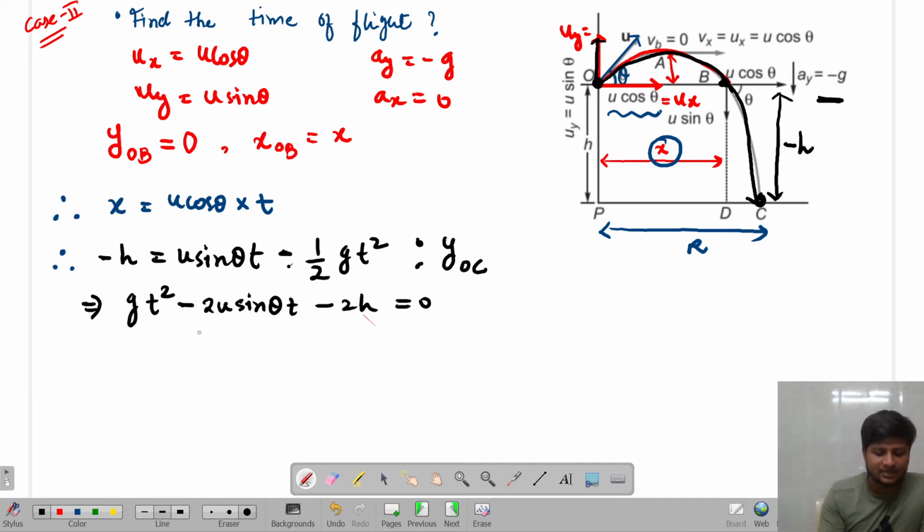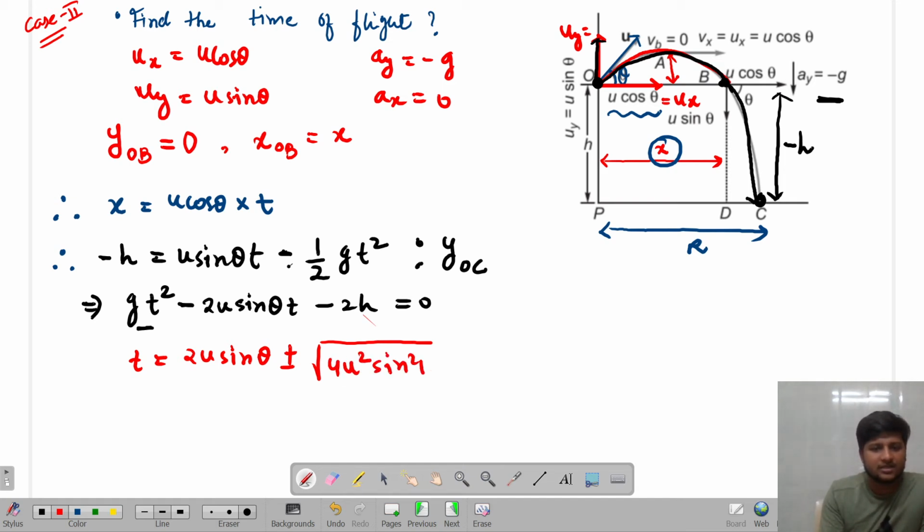Now from this I can write the time of traveling, like this is my quadratic equation over here. So therefore I can write the time equation, which is equal to minus b, that is 2u sine theta, plus minus root over b square, that is 4u square sine square theta, minus 4ac, so that is 8gh, divided by twice g. AC: a is g and c is h.